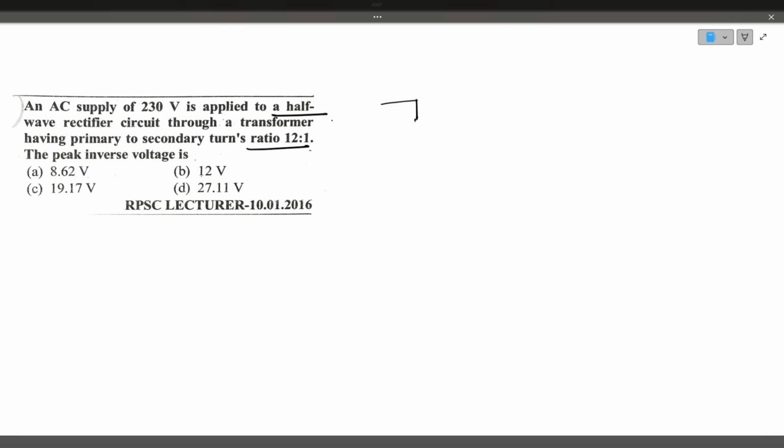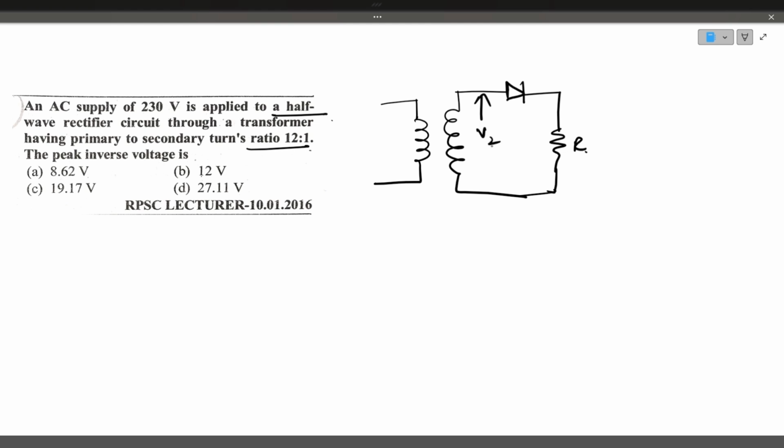This is the primary winding and secondary winding. This is the diode and resistor. This is the voltage V2, this is V1, and this is N1 turns and this is N2 turns.